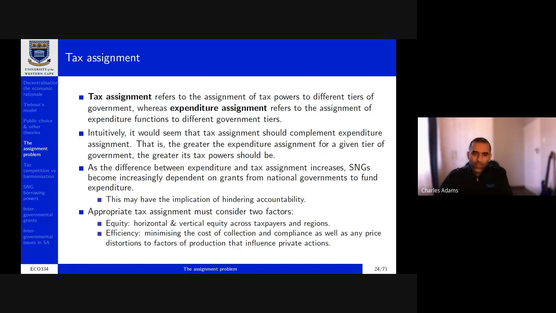And then efficiency, again, relating to the cost of compliance. So you don't want taxes to be onerous. You don't want people to spend weeks figuring out how much tax they need to pay. Are they going to go to jail if they don't get this right? It can be very stressful. Or having to hire accountants.